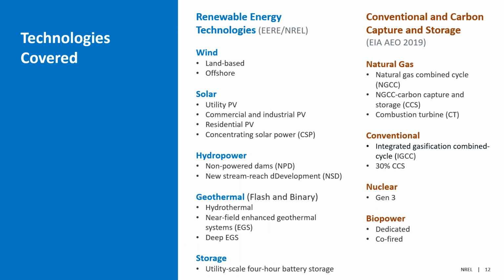The technologies covered are shown here. We provide our own national laboratory curated estimates for the renewable energy technologies, and then for completeness, we include EIA data for the conventional technologies.